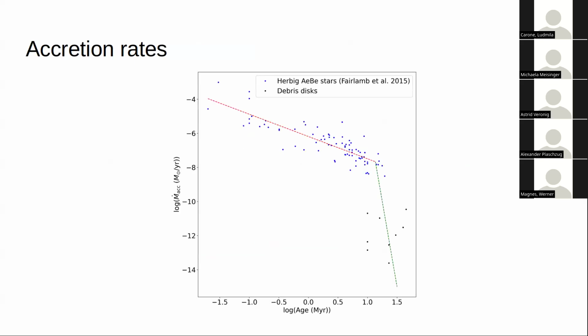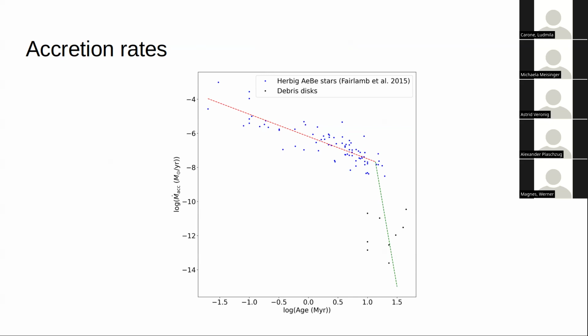And this is a very rough plot. The blue dots here show the accretion rates that were measured for stars with protoplanetary disks. And these black dots here represent accretion rates for stars with debris disks. And as you can see, on the x-axis you have the age of these stars, and on the y-axis you have the accretion rates.